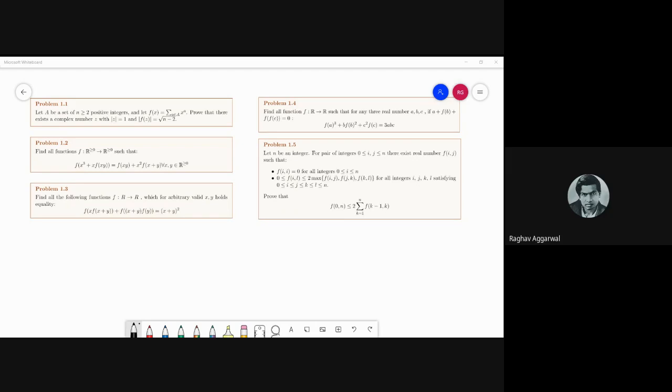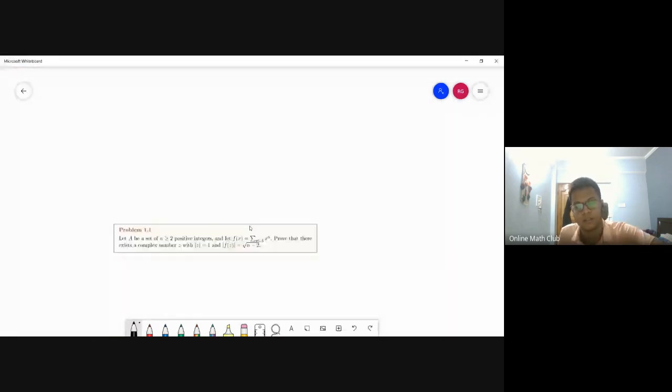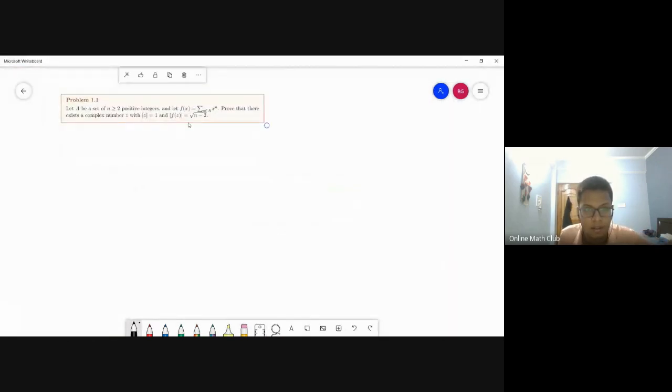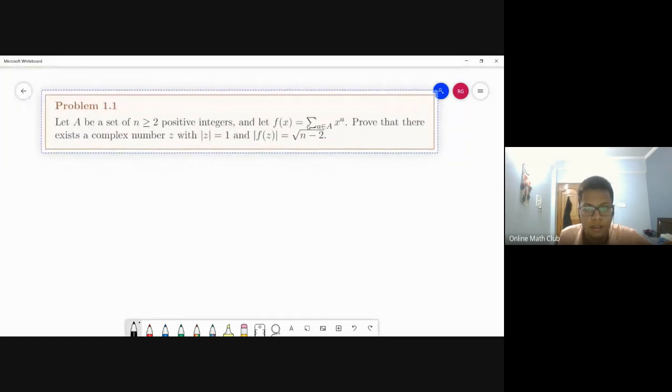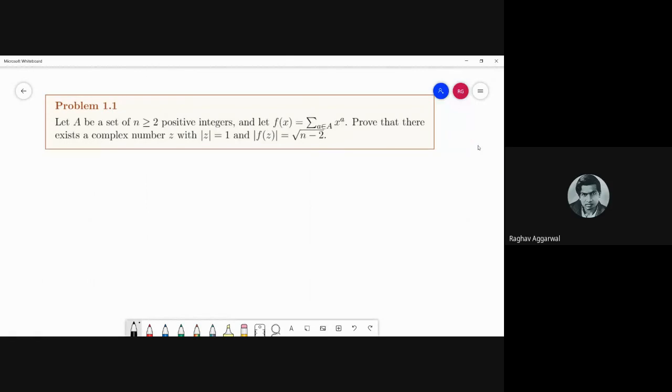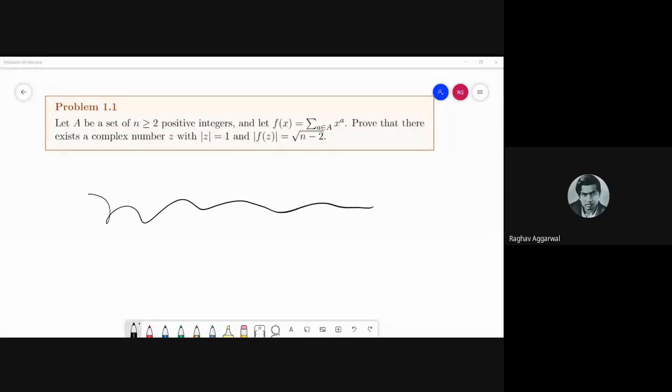Can you please enlarge it? Problem 1. Yeah, read it. I'm shifting to just that. Should be quite a decent size now. Yeah, fine. Is this visible? Yeah.